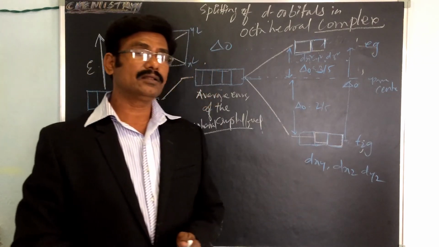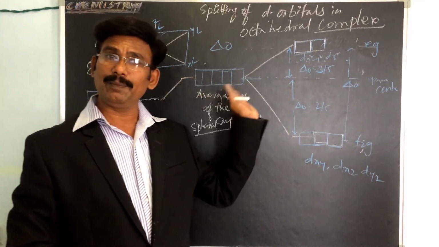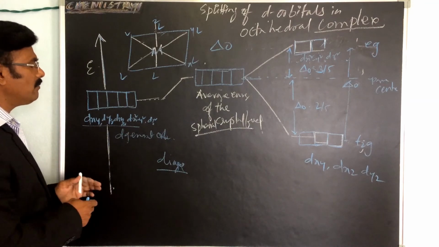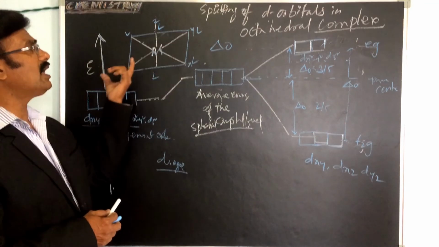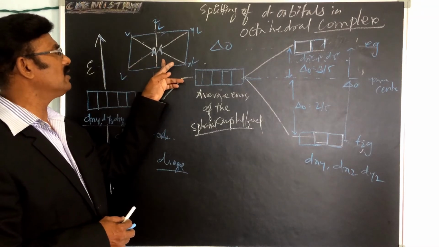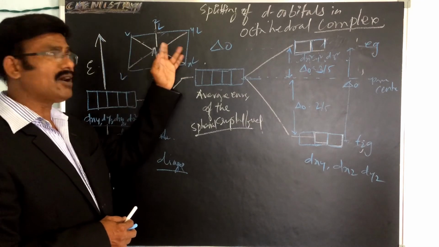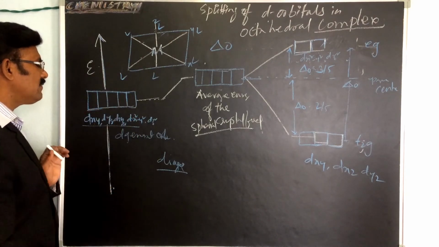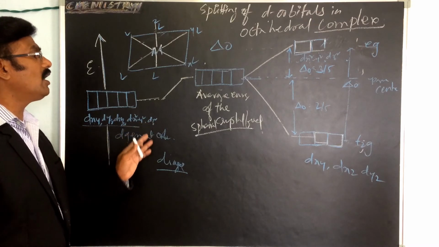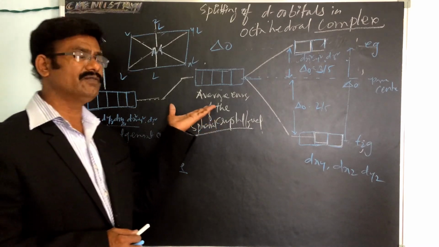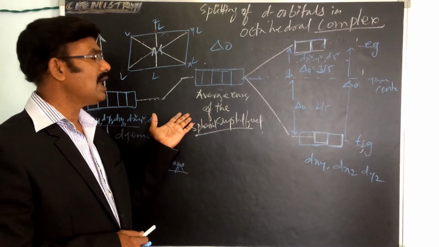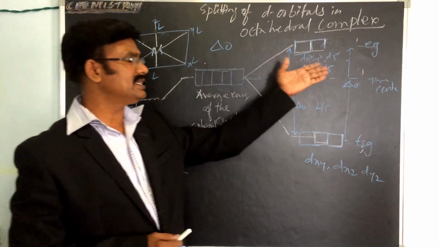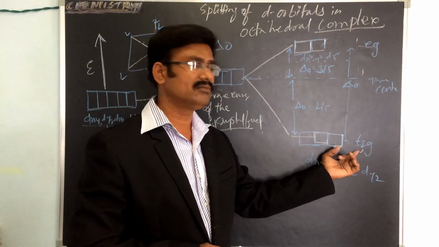Once again, in the octahedral diagram, when the ligands approach the metal ion along the axis, the degenerate d orbitals are raised up in the crystal field and then split into two sets: the Eg set and the T2G set.